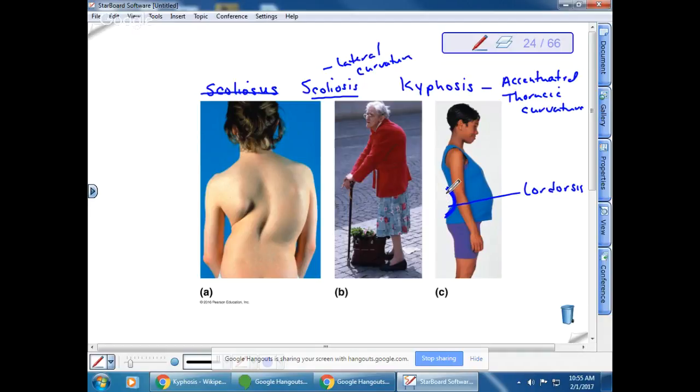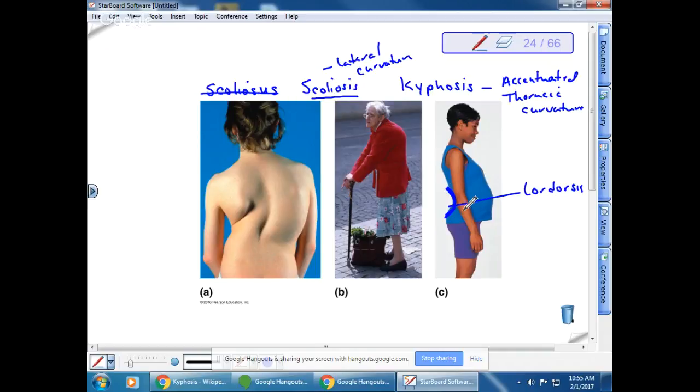It's common in children, because sometimes they have a big belly, right? It's also common in pregnant ladies. Pregnant women tend to stick out their belly to hold their body weight and stay balanced, and then they lean back to help support it, to counterbalance it, and that creates lordosis.